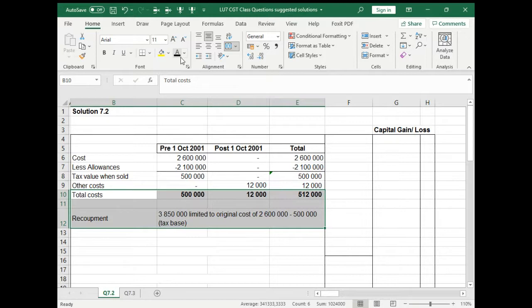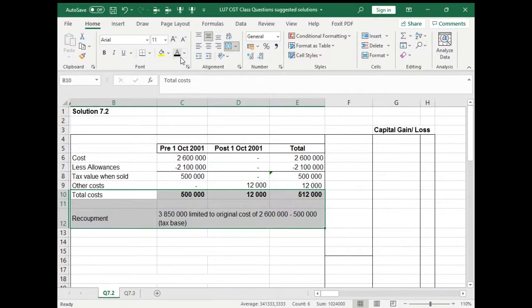Okay, so this is included in my gross income. But why did I actually do this calculation? We said when we work out the capital gain, we need to reduce the proceeds and the base cost with whatever amount was recouped. So that's why I had to do this calculation. Okay, does that make sense?